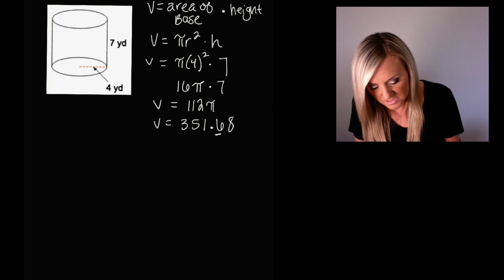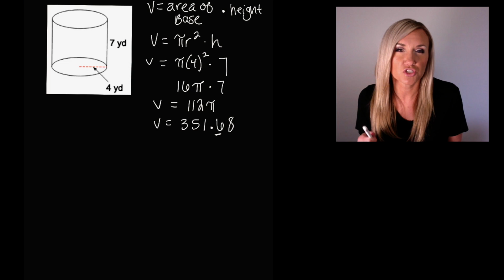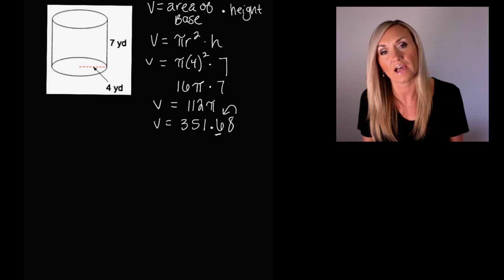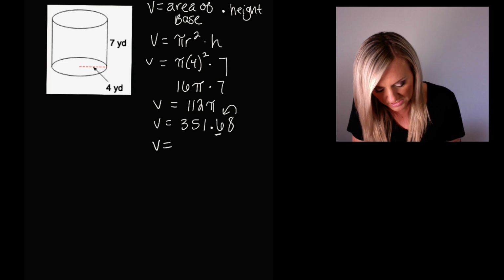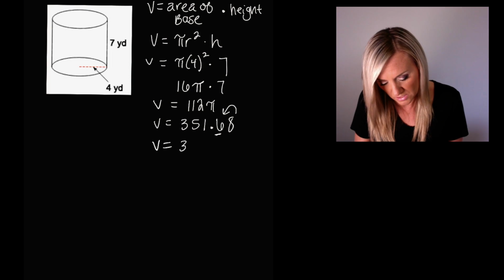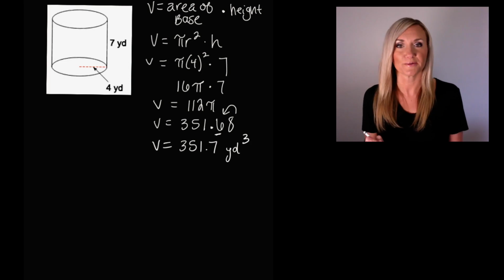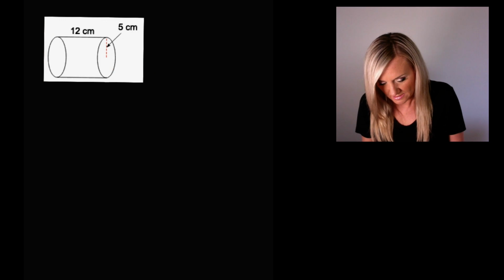That would be the 6. In order to round correctly to that tenths position, we need to look at the next number, which is 8, and 8 is greater than 5, so we need to round that 6 to a 7. So final answer, volume is 351.7 yards cubed.